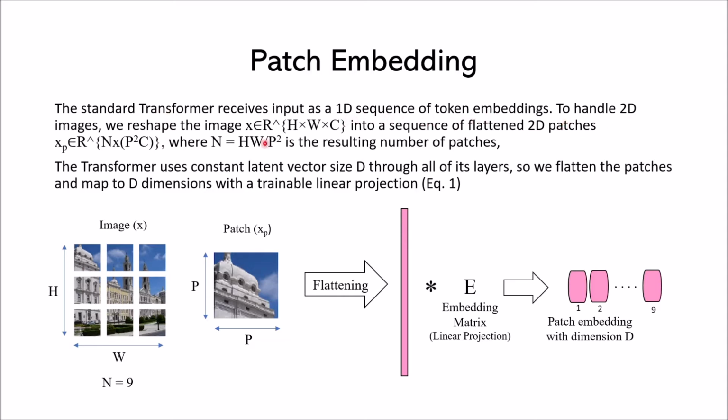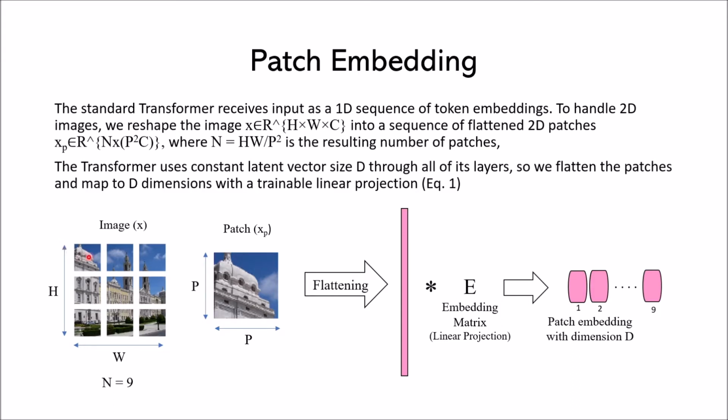So to handle a 2D image, we need to reshape the image into a sequence of flattened 2D patches, which is like this. Here n is the number of patches, and we can get it by calculating h times w divided by the square of the patch size.